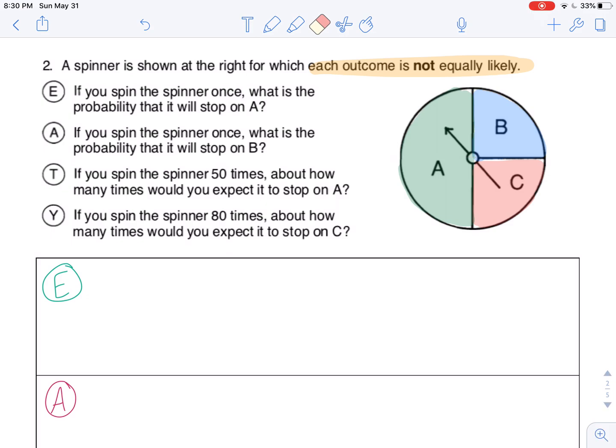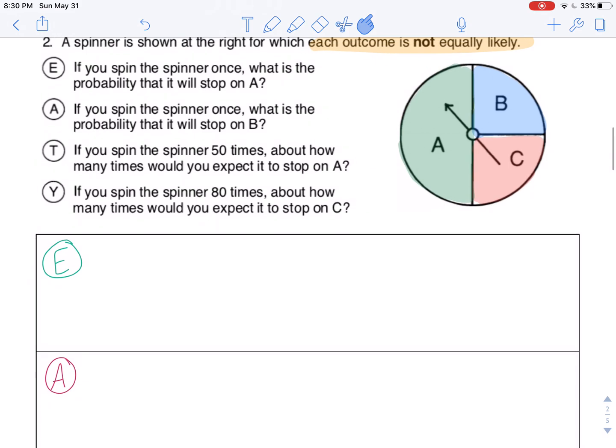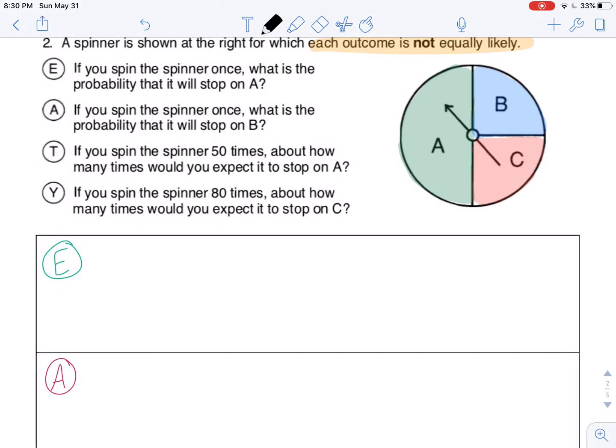All right, so E: if you spin the spinner once, what is the probability that it will stop on A? Well, I hope you can easily see that A makes up half of the spinner. So you can either just say 1/2, because A is half of that spinner, or we could write there are 4 total outcomes. And if you don't see them, this is when you make that line across.